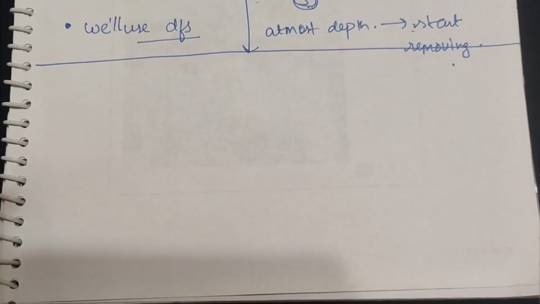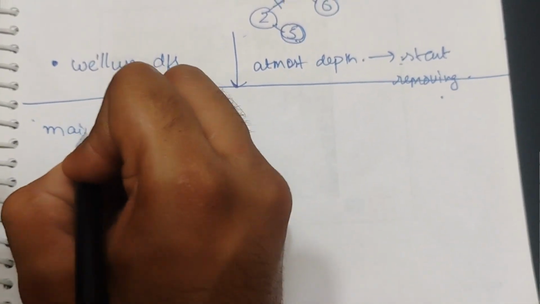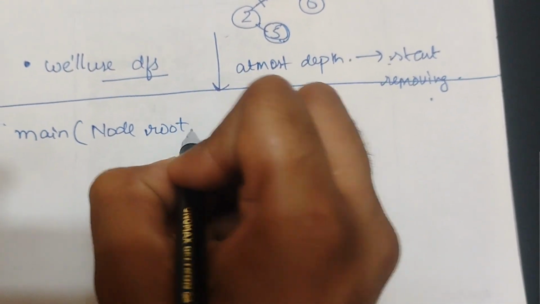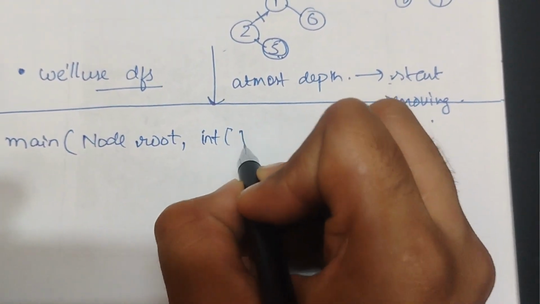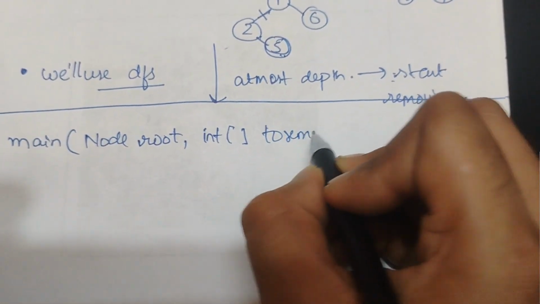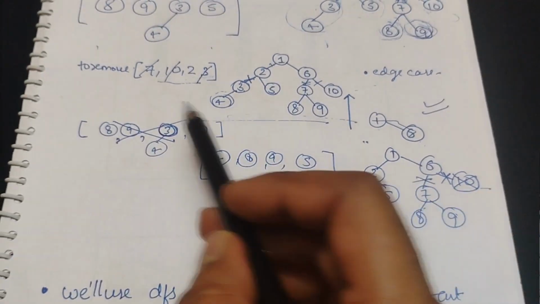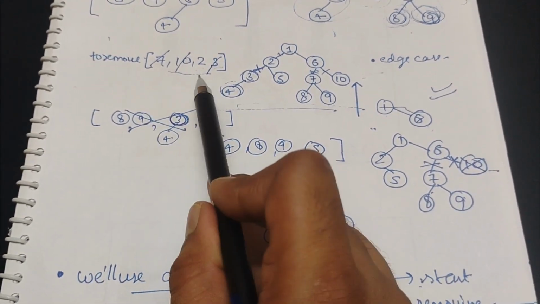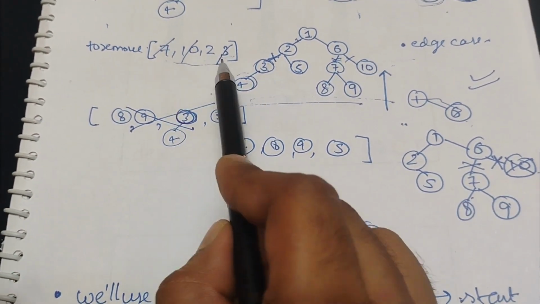In the main function that we have, we only have these two parameters given. That is, the question has provided us with the root of the tree, and another is this integer array of to remove. Here I can see that I'm again and again checking whether the element is present in this to remove array, so it is not ideal or optimized to again and again traverse this entire array.